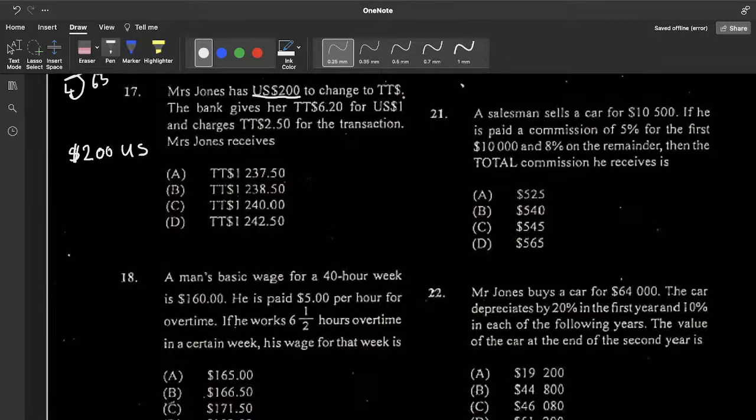Alright, and we are saying that the rate here is $1 US to 620. So $1 US is equal to 620.